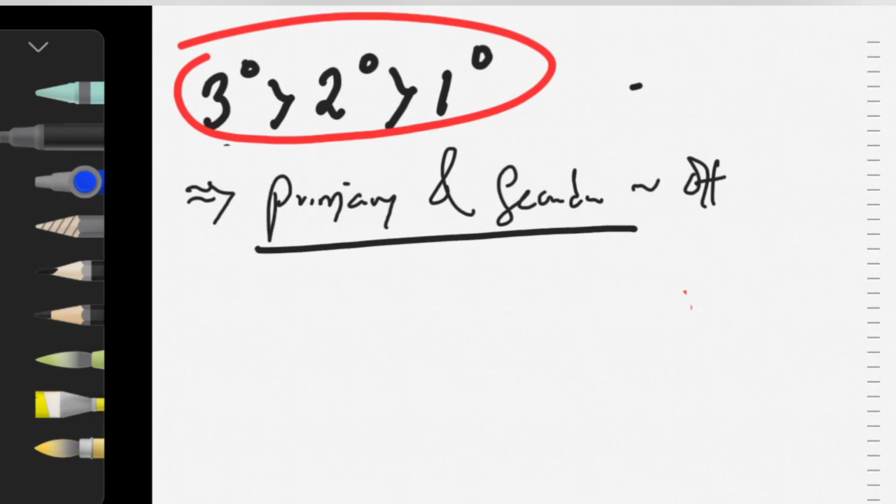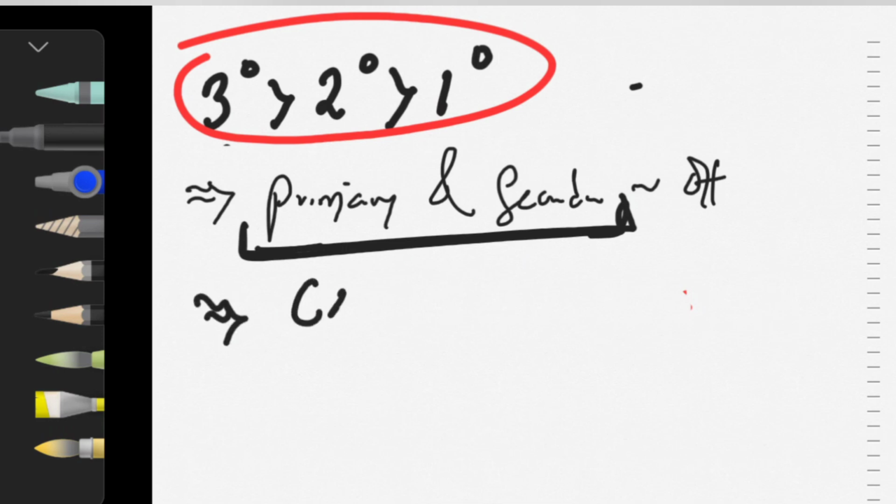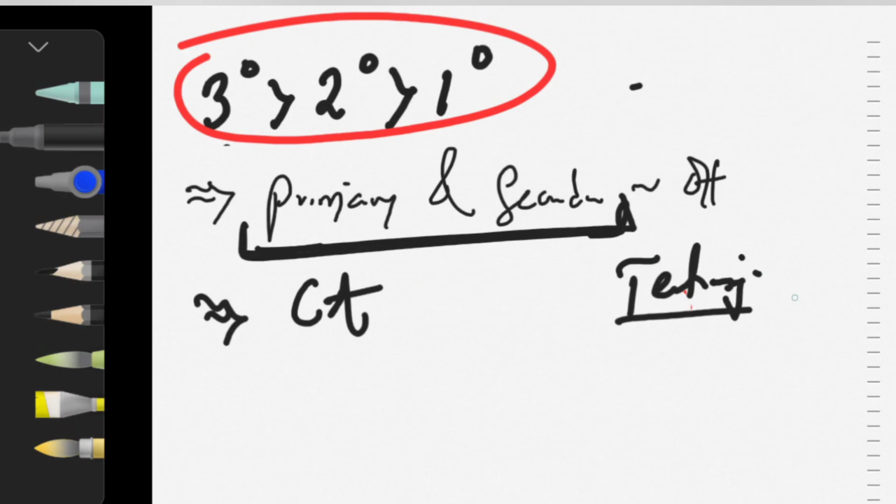So these two can react similarly with the chromic acid reagent, whereas tertiary alcohols do not react. The chromic acid test is Jones oxidation.